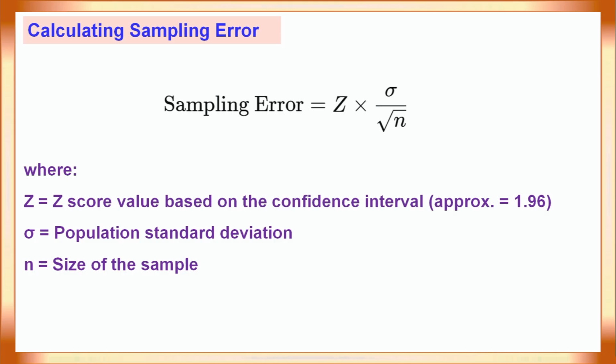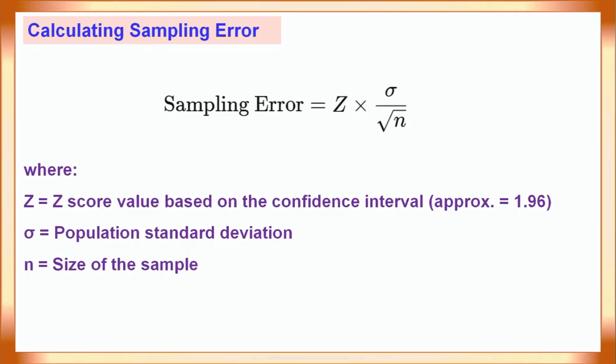This z score is like what I talked about in the determination of sample size. It is determined based on the confidence interval or the level of significance. At the 5% level of significance, that means 95% confidence level, the z value is 1.96.